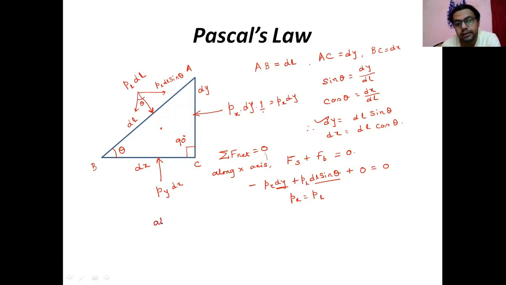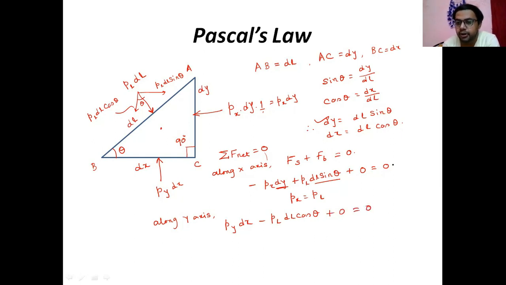In a similar manner, along the y-axis, what surface force is acting? Py dx is upward, so it is positive, minus the cos component Pl dl cos theta, plus no body force along the y-axis either.